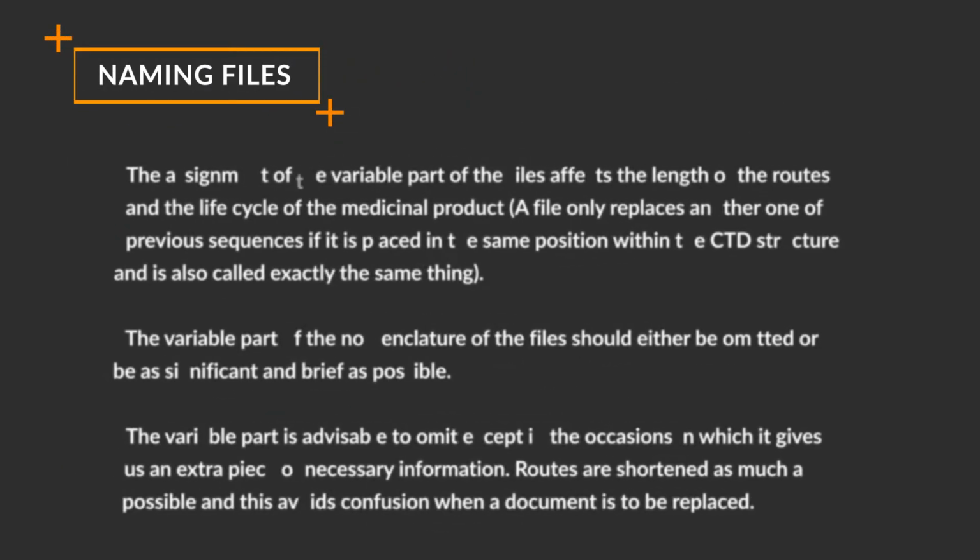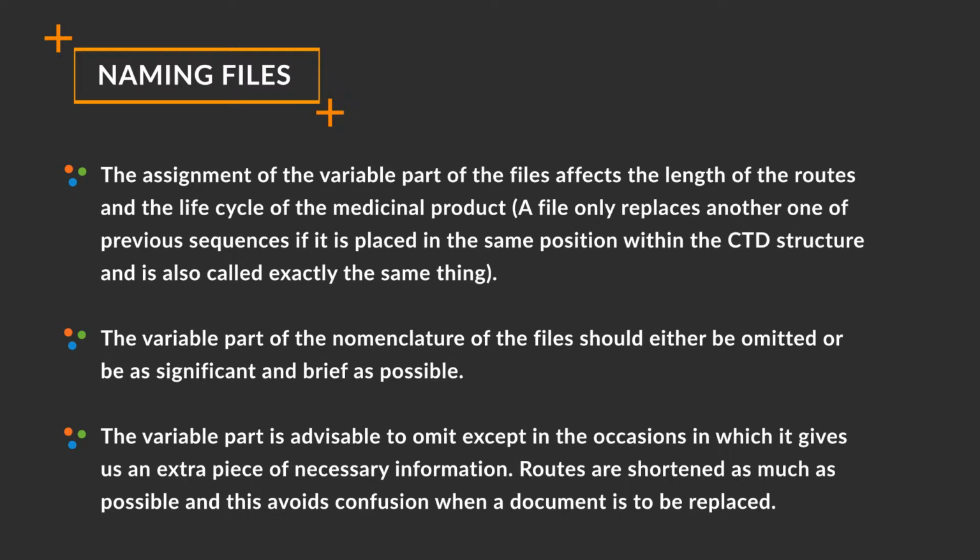Naming files. The assignment of the variable part of the files affects the length of the roots and the life cycle of the medicinal product. A file only replaces another one of previous sequences if it is placed in the same position within the CTD structure and also called exactly the same thing.